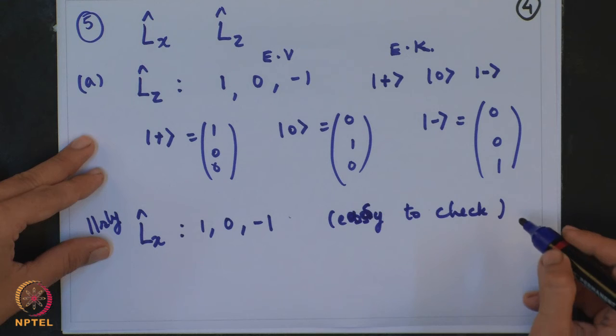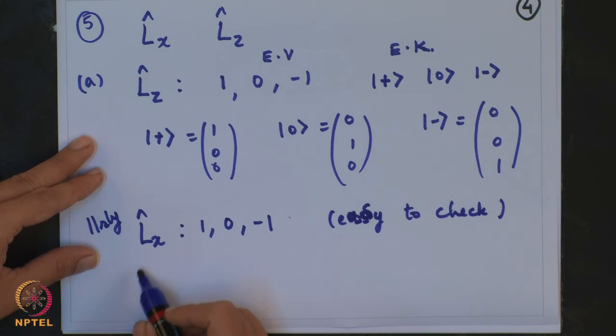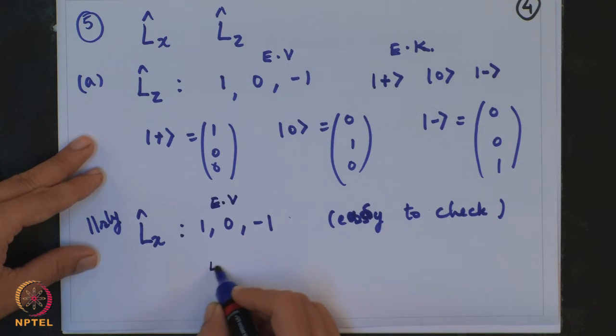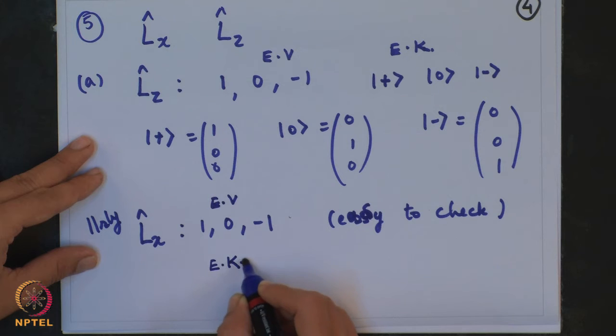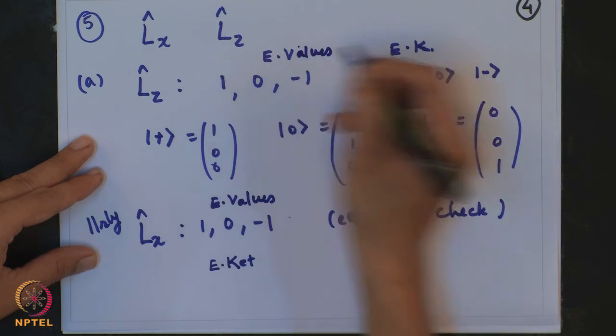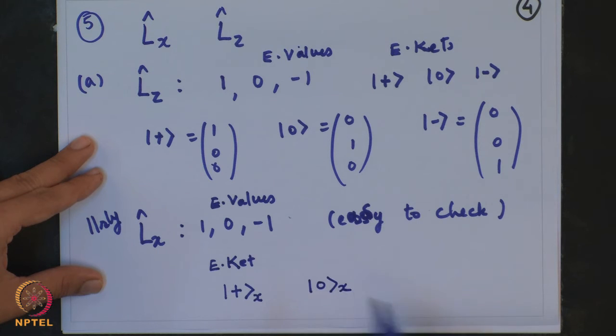Let me call these the eigenvalues, and denote the eigenkets by plus with a subscript x, 0 with a subscript x, and minus with a subscript x.